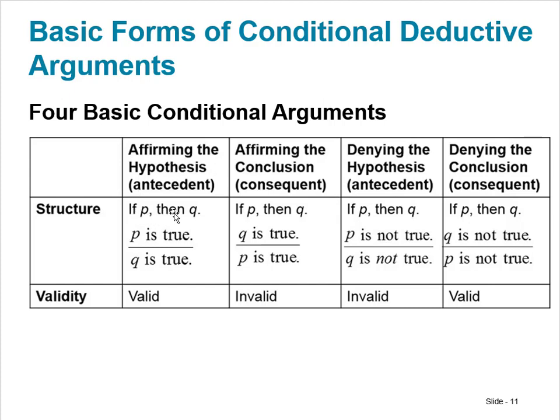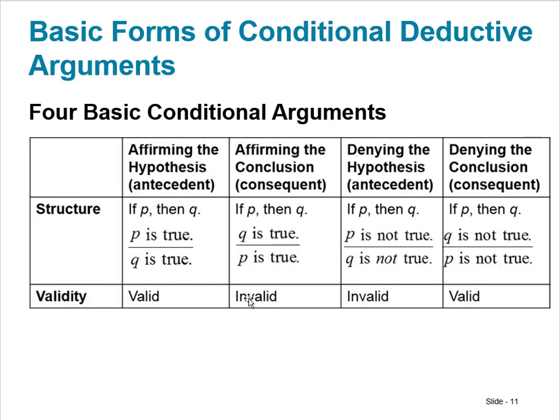If P, then Q. P is true, therefore Q is true. If we have this structure, that if P then Q, and we know P is true, then Q is true, that's a valid argument. However, if we affirm the conclusion, so we say if P, then Q, and Q is true, therefore P is true, that's invalid.